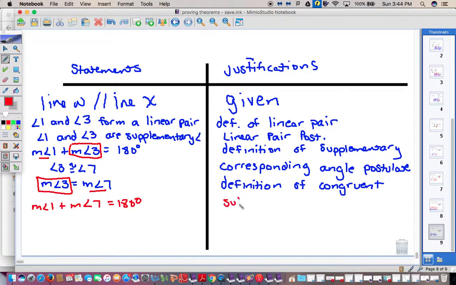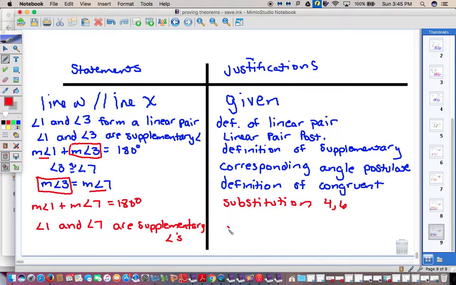And this is by substitution, and we're substituting in steps 1, 2, 3, 4, and 6. Okay. And then by definition of supplementary, we can say that angle 1 and angle 7 are supplementary angles, and that's by definition of supplementary.